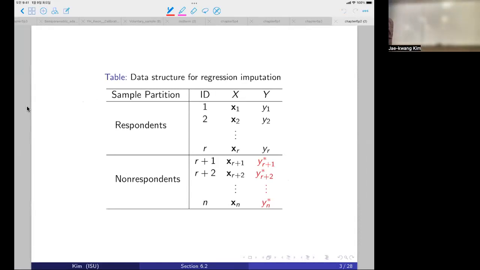Basically, we have respondents and non-respondents. In the respondents, we observe X and Y. In the non-respondents, we observe X and Y is missing. So we want to fill in these numbers, imputation. Let's use notation without loss of generality: 1 through r is the observed data, and r plus 1 to n is the missing data. Missing at random, so we don't have to worry about the response mechanism.